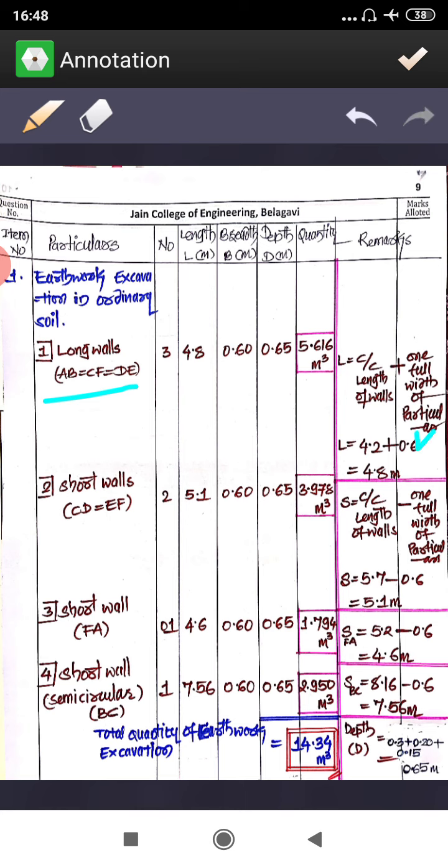Center to center of AB, CF and DE is 4.2. 4.2 plus width 0.6 is going to be 4.8. Now 3 numbers into 4.8 into 0.6 into 0.65, so you will have the quantity of 5.616 meter cube. Now I'll show you where I have taken that width and depth.